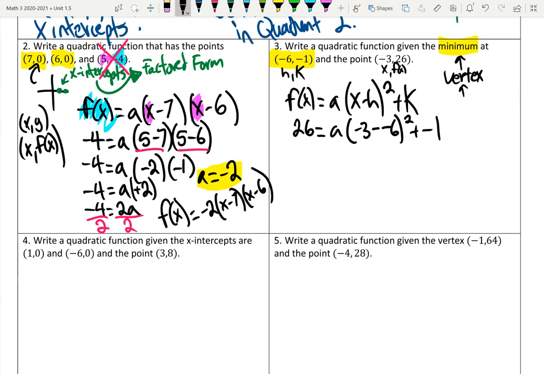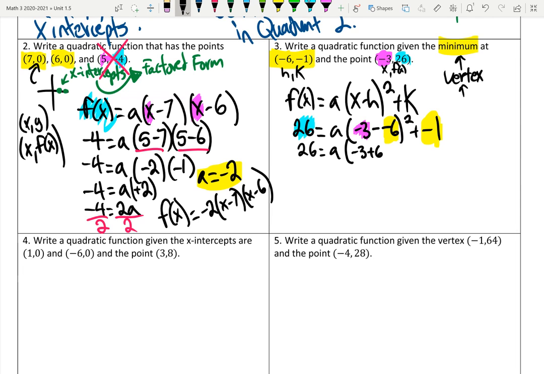All I did is I replaced my h with negative 6, my k with negative 1. I replaced my x coordinate with negative 3. And then I also replaced my 26 with the y. Go ahead and turn on the autopilot, and I'm going to start solving.